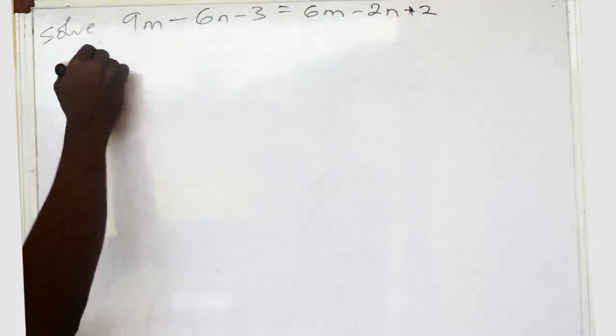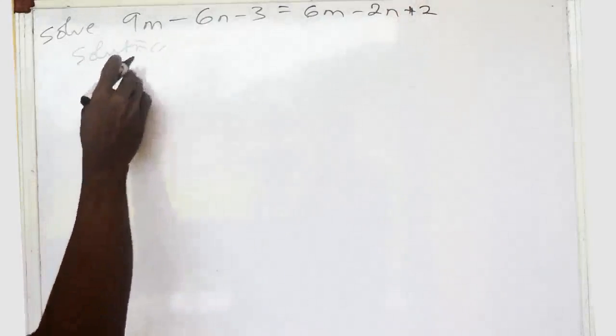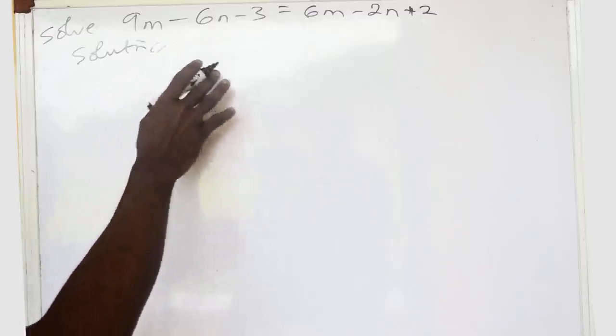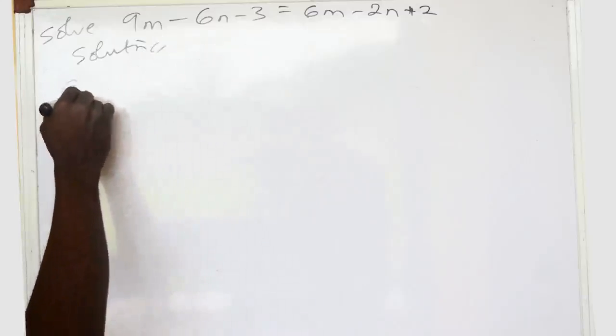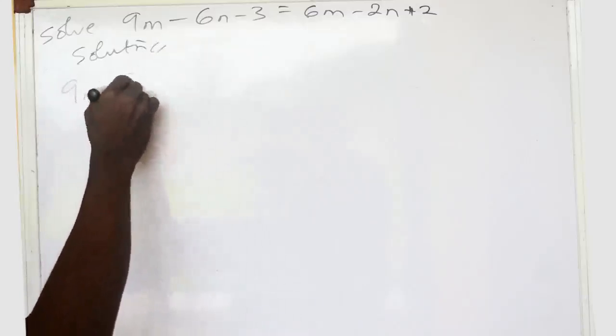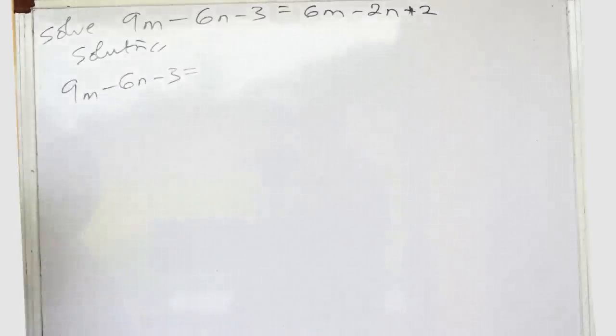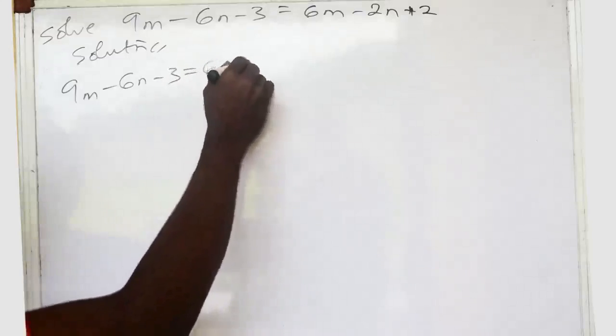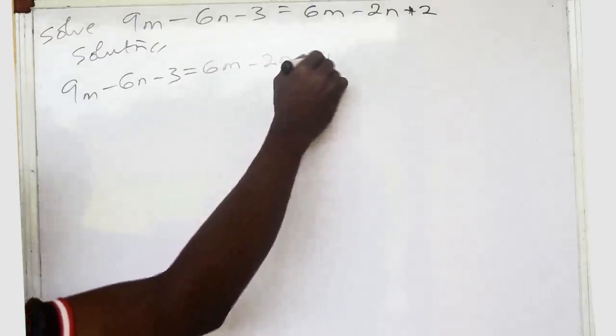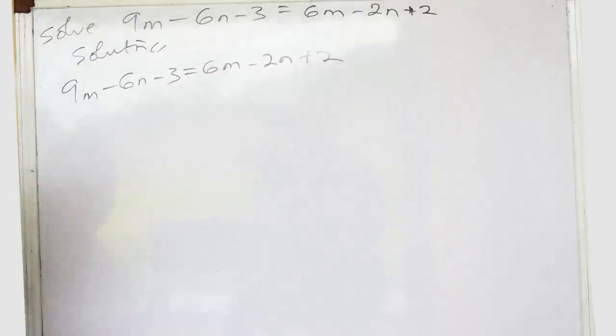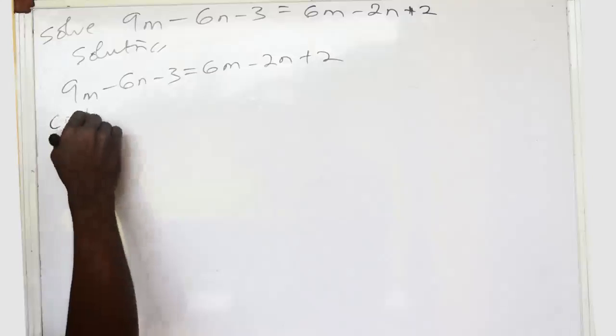You write solution. After writing solution, we have to bring down the expression. The expression is 9m minus 6n minus 3 equal to 6m minus 2n plus 2. So when you get this, you look at it, it's now arranged, you say collect like terms.